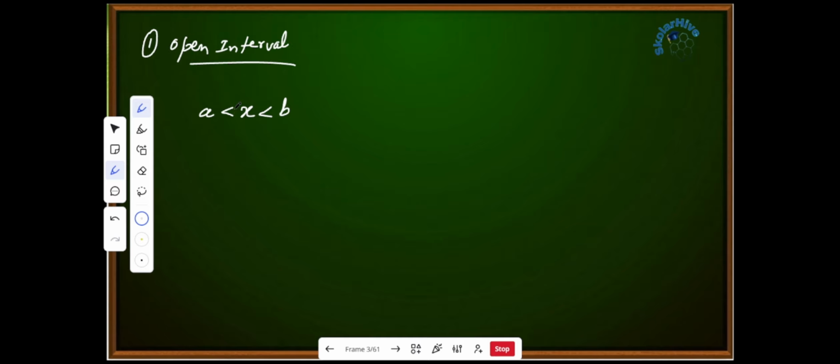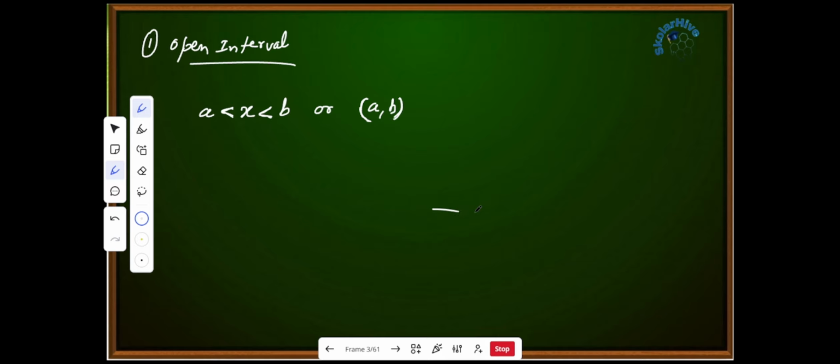We can write it as a less than x and x less than b, which is represented in the form (a, b). For an open interval we use parentheses.